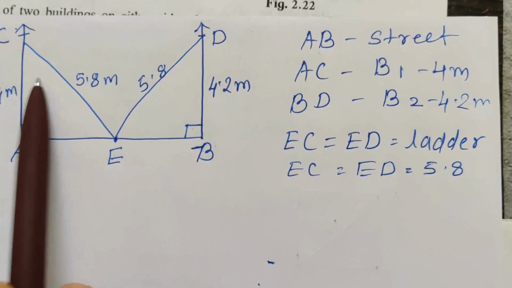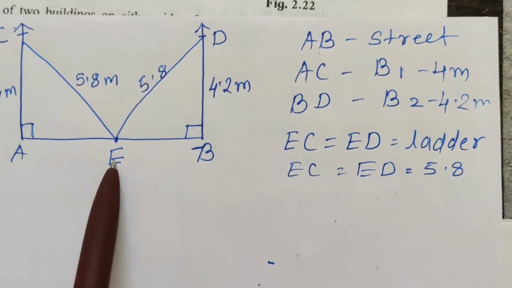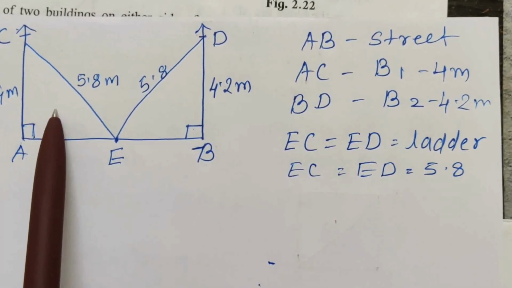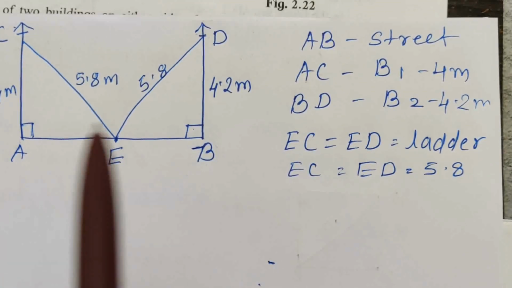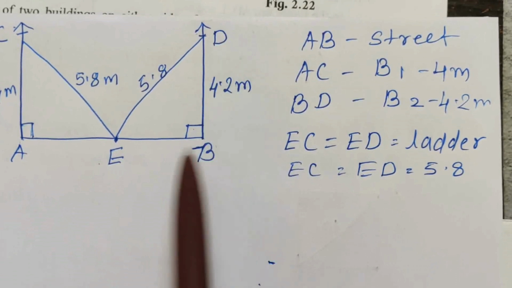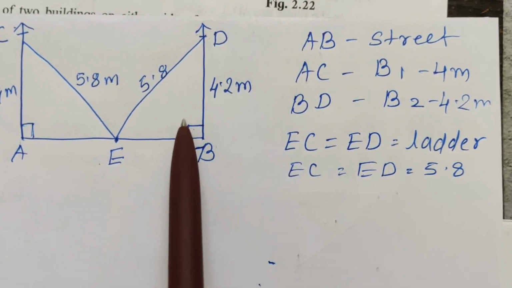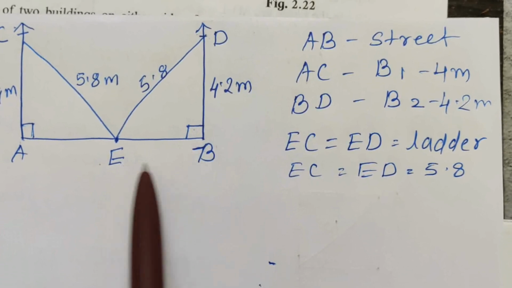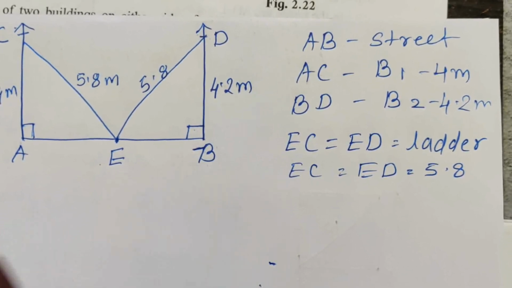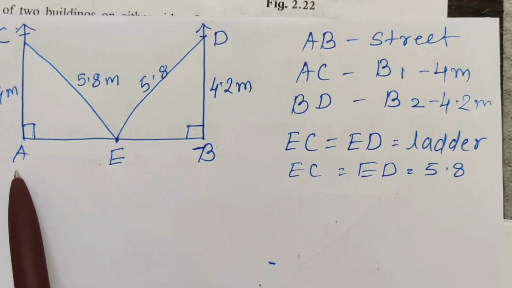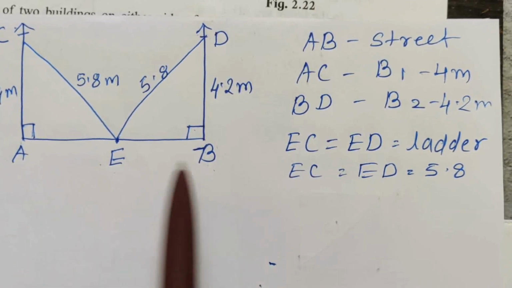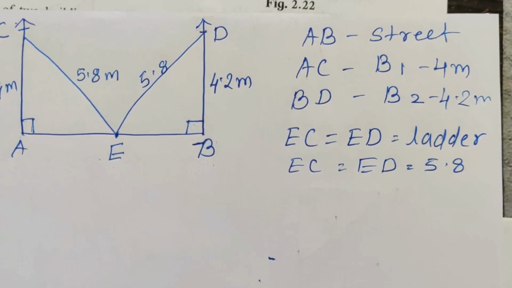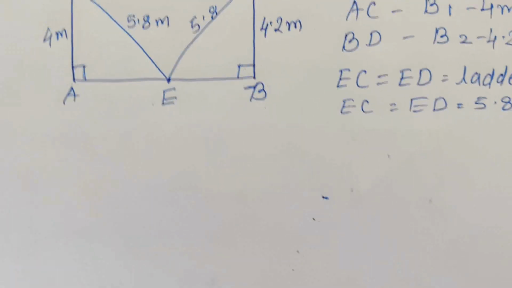We see the first right angle triangle, that is CAE. Here you will use the Pythagoras theorem and get the length of AE. Then the second right angle triangle DBE. Here also you will use the Pythagoras theorem and get the length of EB. After that, add the length of AE and EB. You will get the length of AB, that is the width of the road or the street. So we will do the calculation now.